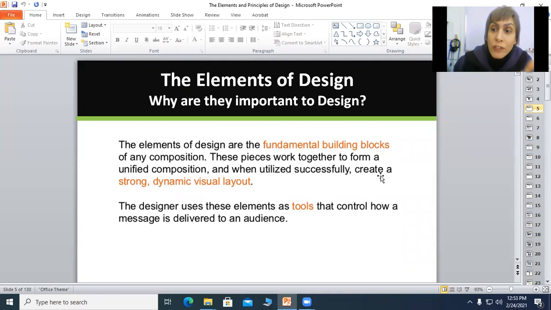And when utilized successfully, they create a strong dynamic visual layout, meaning a good design, a successful design. So the designer uses these elements as tools that control how a message is delivered to an audience, meaning the target people that will look at the design or that will use the design.